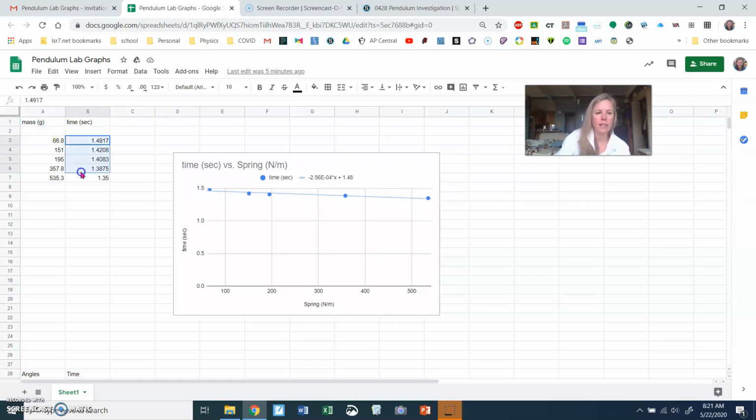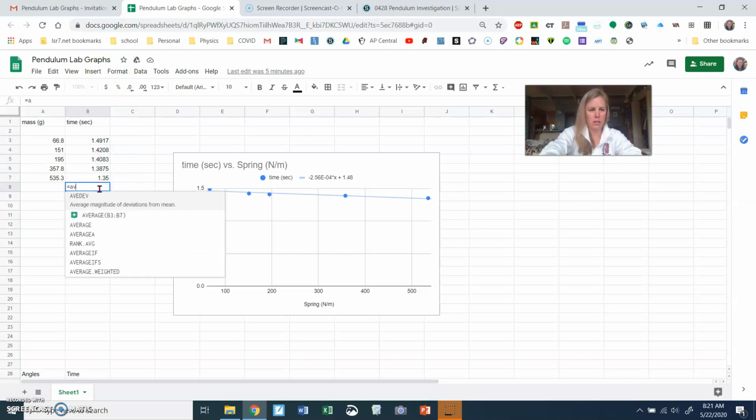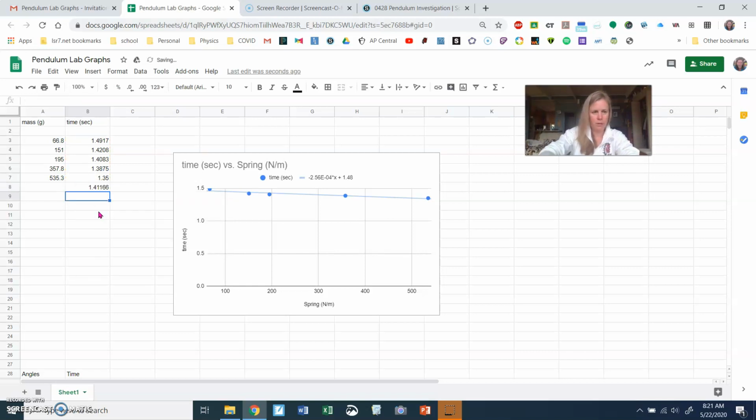Usually when we've got data like this, I'm going to insert the average, and I get 1.41. Then I'm just going to take the difference, equals 1.41 minus that.